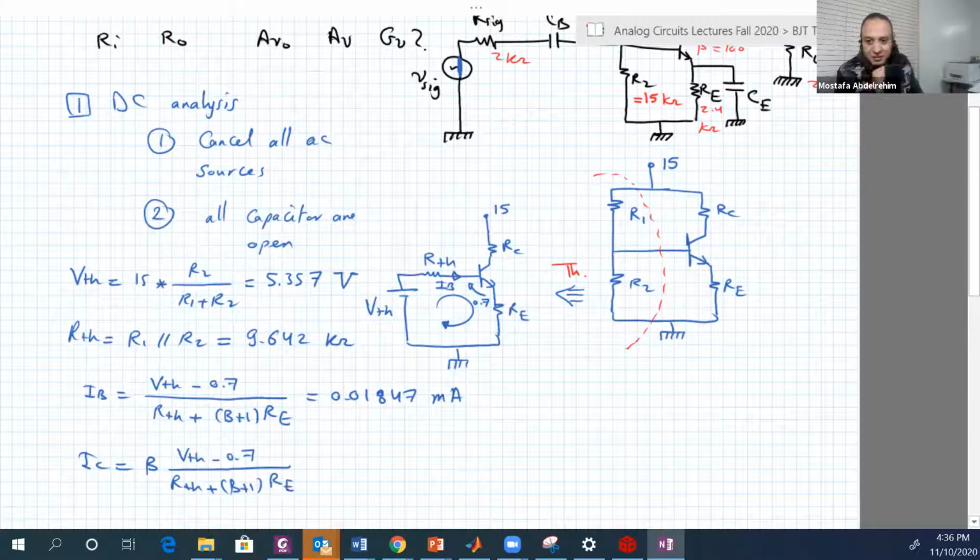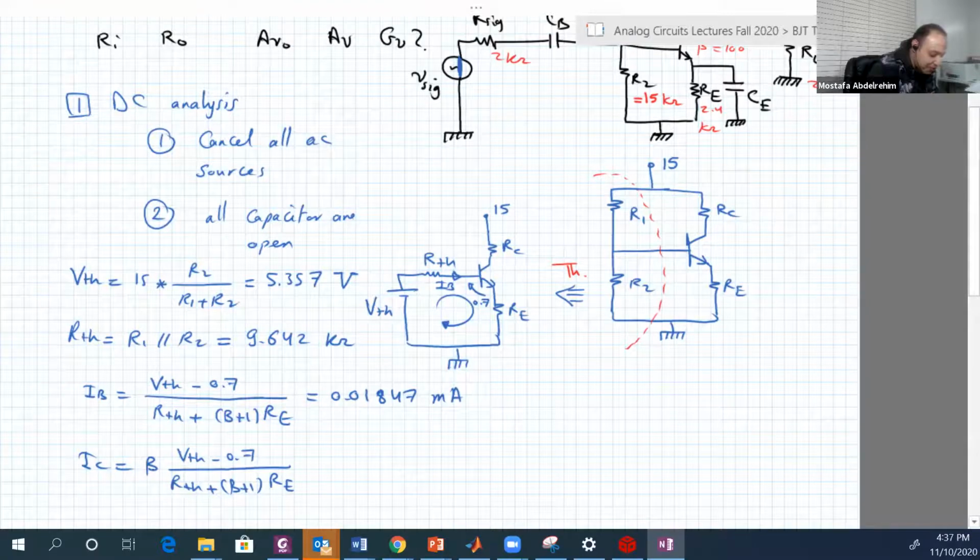One thing here: why do we put RE? If RE is 0, then IC will be beta multiplied by V7 minus 0.7 over R7, and that's it. So any change in beta, if RE is 0, will change IC too much, because it's direct proportionality.